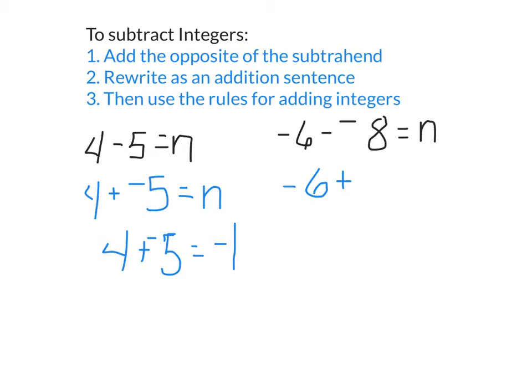So negative 6 plus positive 8 equals n. So now we have negative 6 plus the positive 8 equals positive 2.